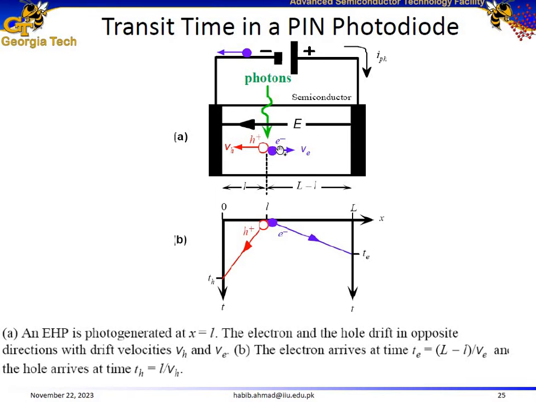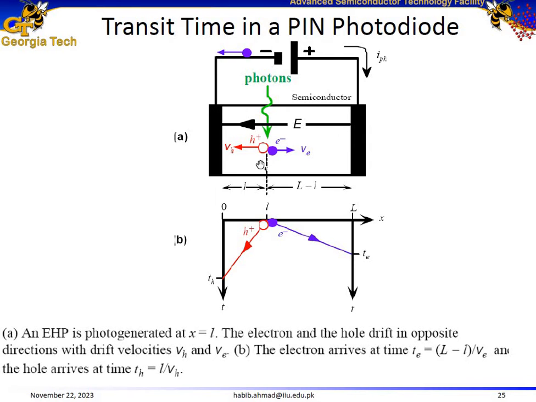Now the time it takes for the electron to travel from this point towards the right electrode would be equal to this distance, capital L minus small l, divided by the drift velocity of electrons.